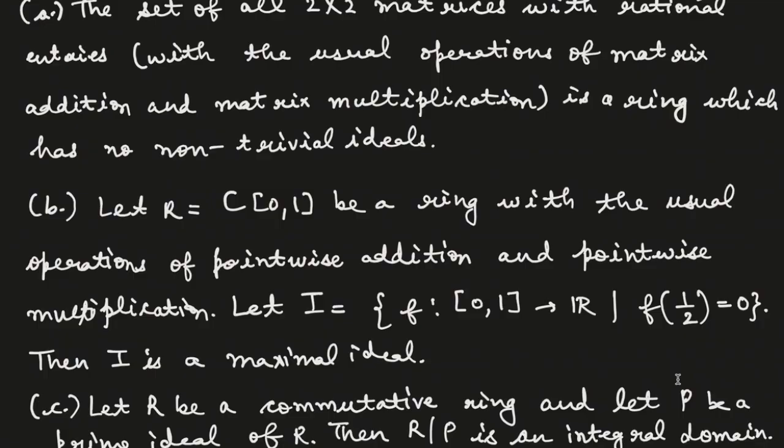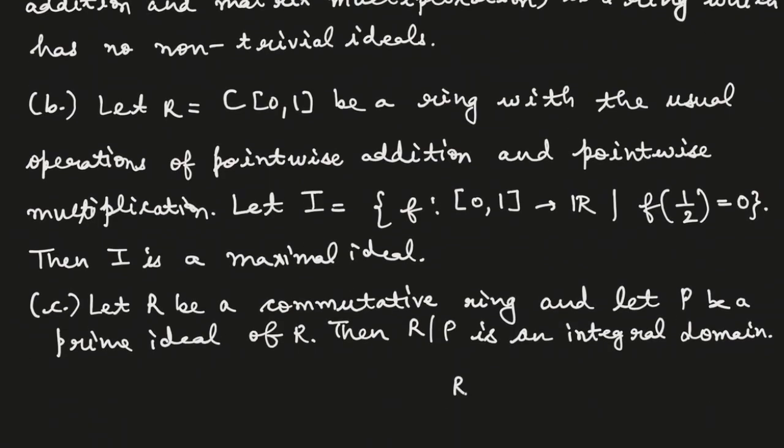In P. Why not C? Commutative rings. R by P is a field, since it is a prime ideal? No, R by P is an integral domain if and only if P is prime.